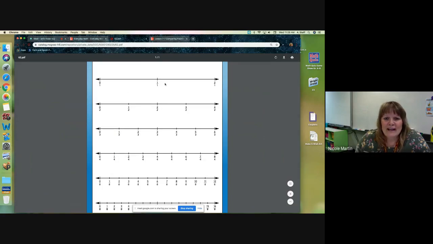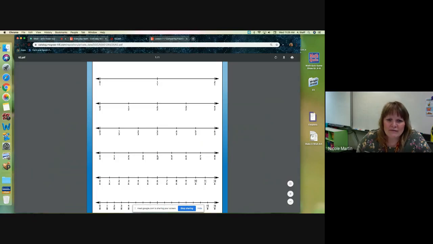So this is a whole right here. We have this whole right there. So then if we scroll down a little bit more, we can see 2 2s, 3 3s, 4 4s, 6 6s. All of this line right here is our whole space, okay? So we're going to compare all of the fractions over here to one whole. So let's take a look.